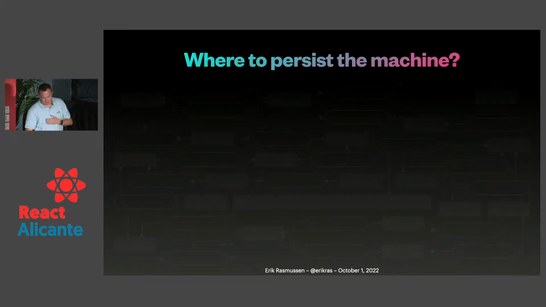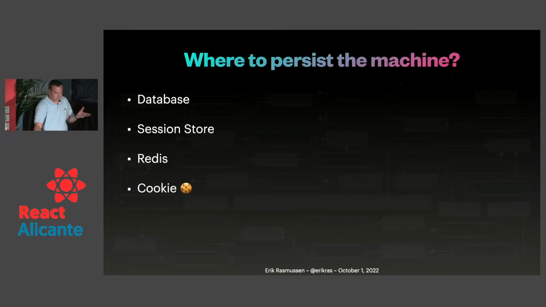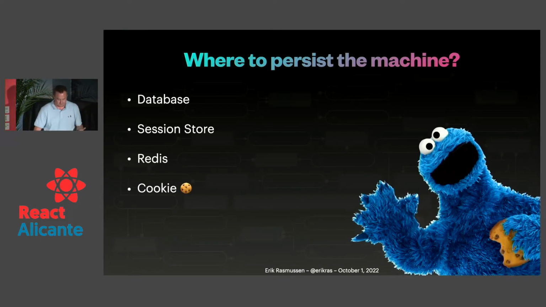We can't start from fresh every time. So we could serialize it into a database. That's an option. Some sort of a session store or like Redis or something. But for the purposes of my demo today, I'm going to use the humble cookie, because as I saw during snack time, everybody loves cookies.